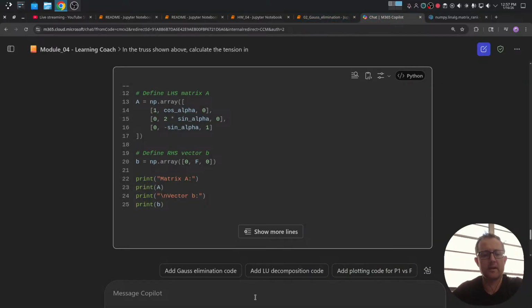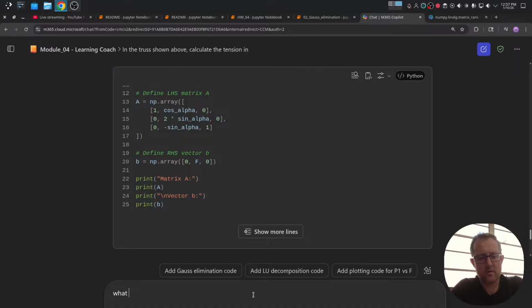So let's do a quick: what function can I use from SciPy to solve the PLU decomposed matrix vector?